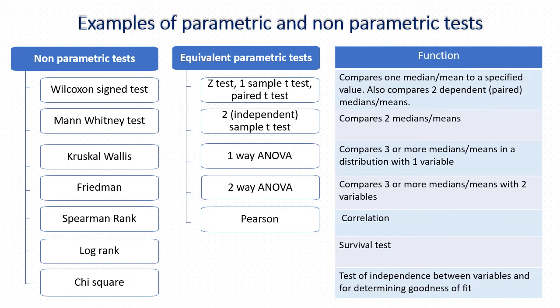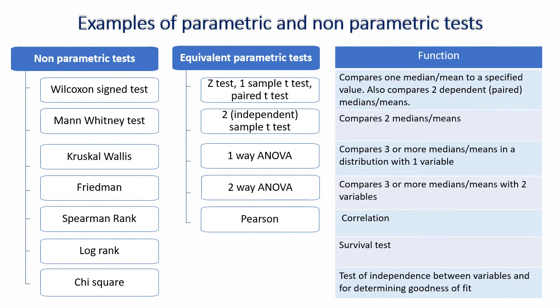the Mann-Whitney test. And if we were to perform a one-way ANOVA, which compares three or more means with one variable, the equivalent non-parametric counterpart would be the Kruskal-Wallis test.